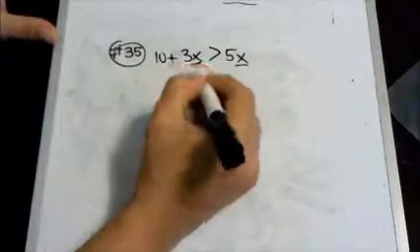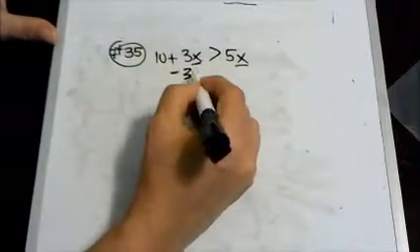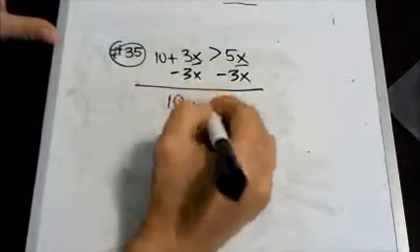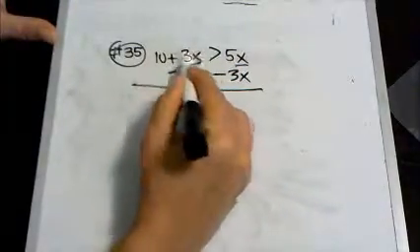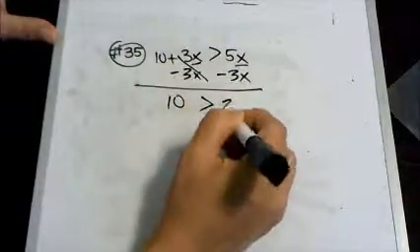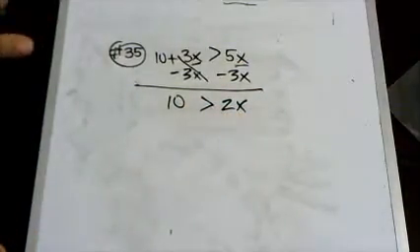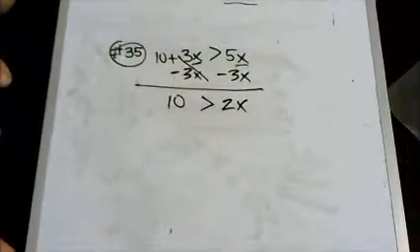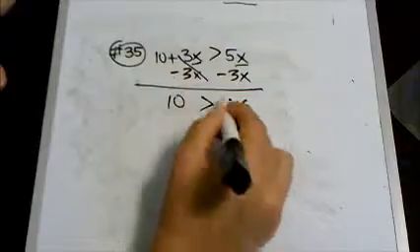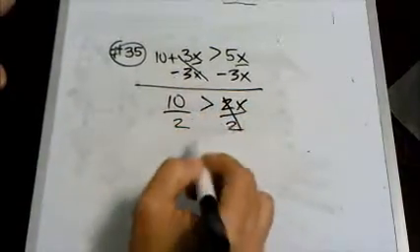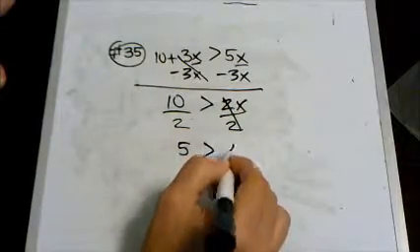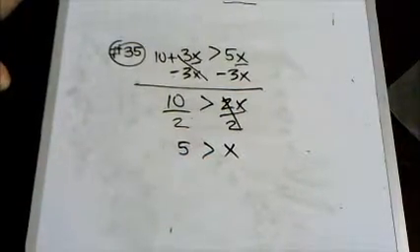Since it's positive, we will make it negative. 10, a positive and a negative of the same number cancel out. 5 minus 3, that is 2. Now what do we do? We shall divide by the 2. That way those cancel out. And 10 divided by 2 happens to be 5. So there's our answer. 5 is greater than x.